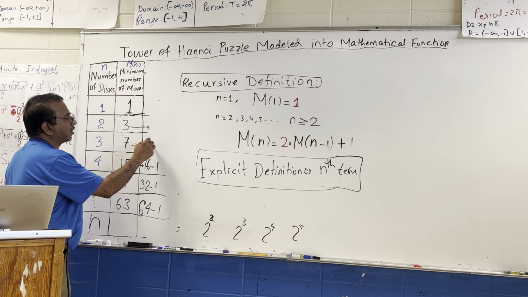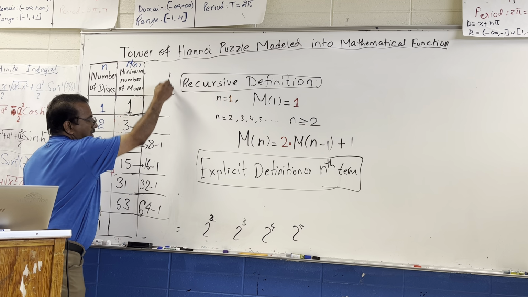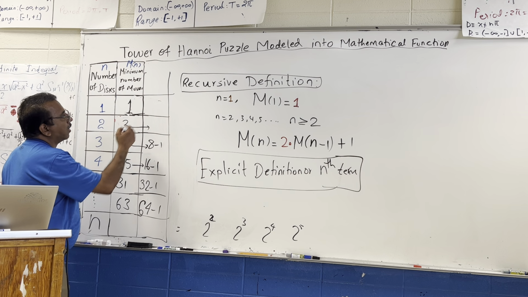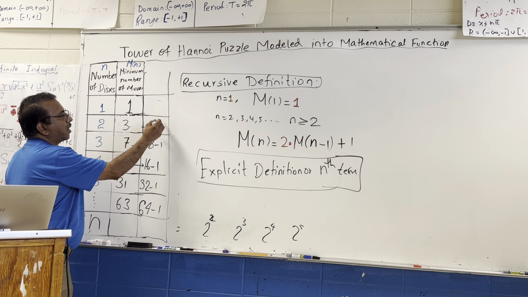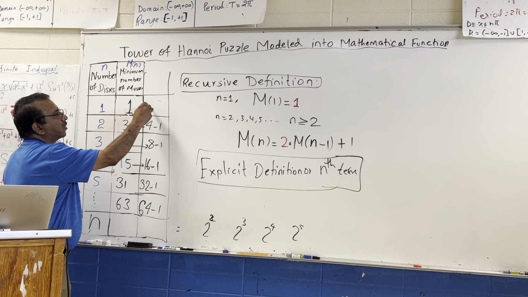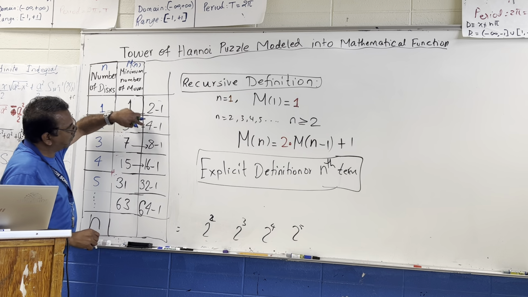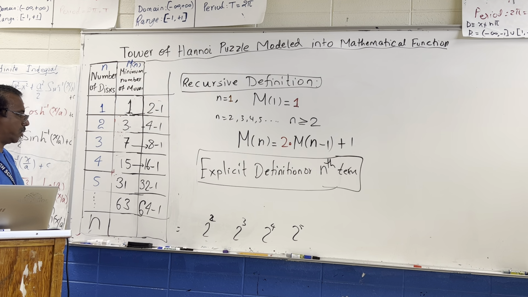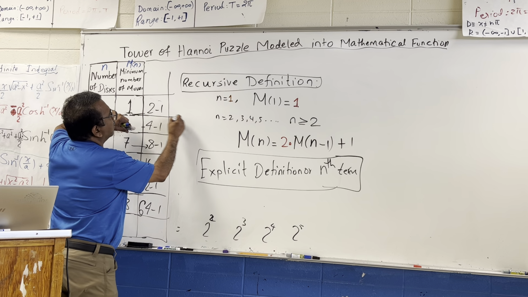This 7 is 8 minus 1. And you can see the pattern there. This 3 is 4 minus 1. And this one is 2 minus 1. But what are these 2, 4, 8, 16, 32? You can see those numbers are these numbers.